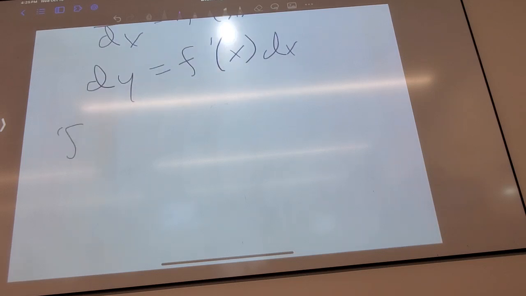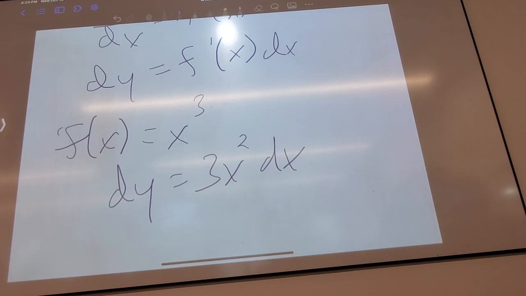If I give us a function x cubed, I could then say dy equals 3x squared dx. Jump straight to there because dy/dx would equal 3x squared, so I just throw the dx up.